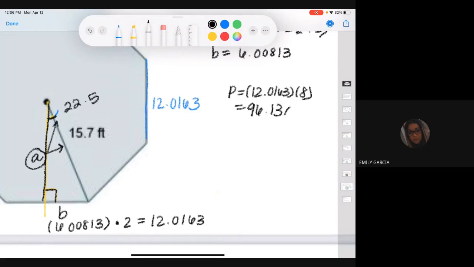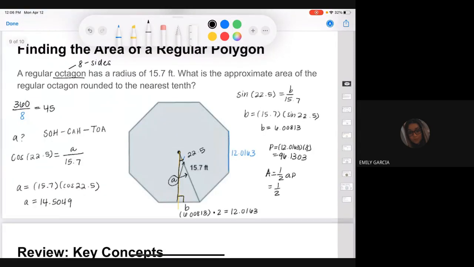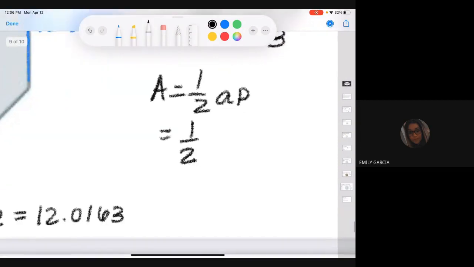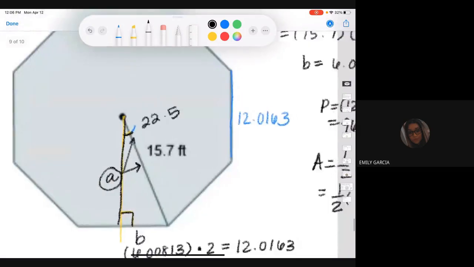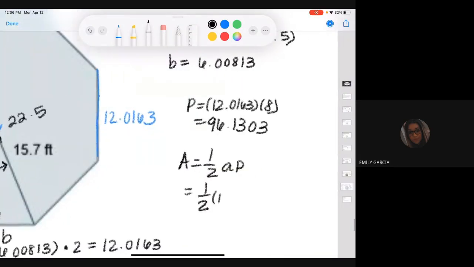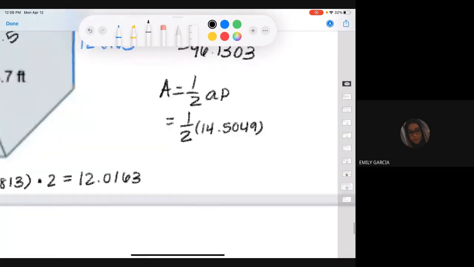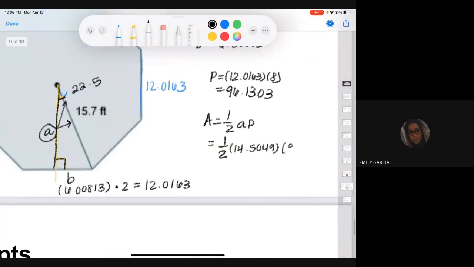And now that I have all this information, I can find my area. 1/2. What is my A? My A was 14. What is my perimeter? Well, I have it right here. And then plug that into my calculator.